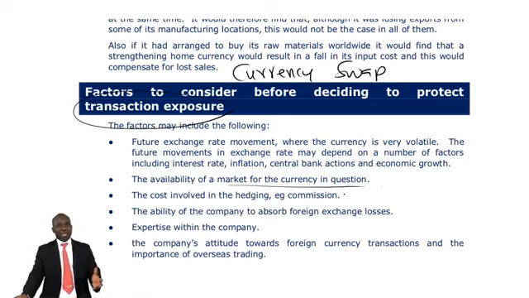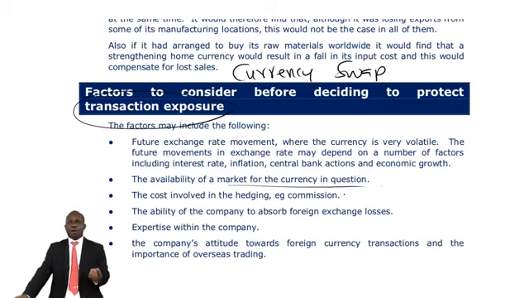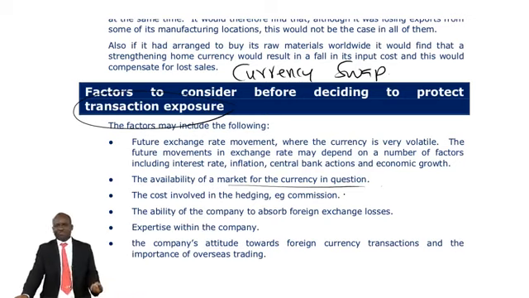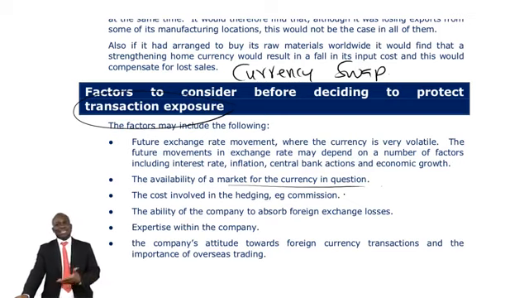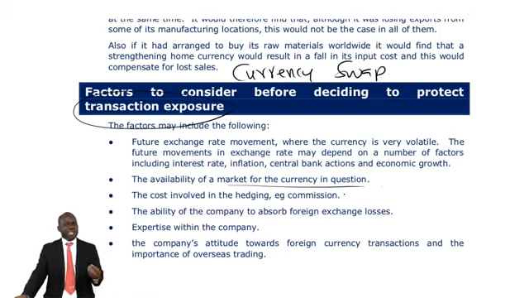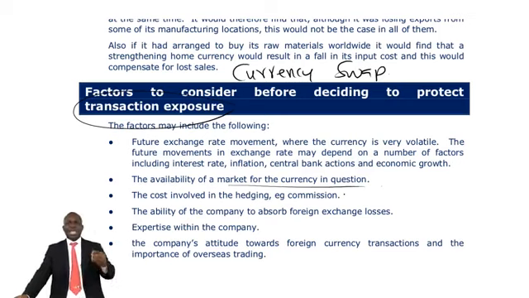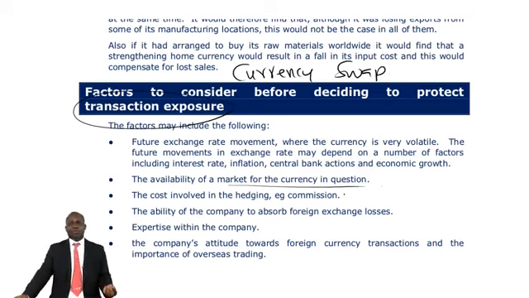This argument can be extended. It could be a one-off transaction, but what is the magnitude of that transaction? If it is one-off and the amount involved is very small, immaterial, there's no need for you to hedge it. But even if it is one-off and the amount involved is very, very big, a huge amount, then you cannot say I have to forget about that.